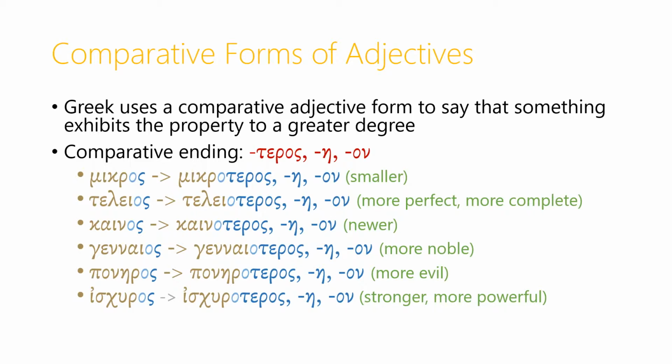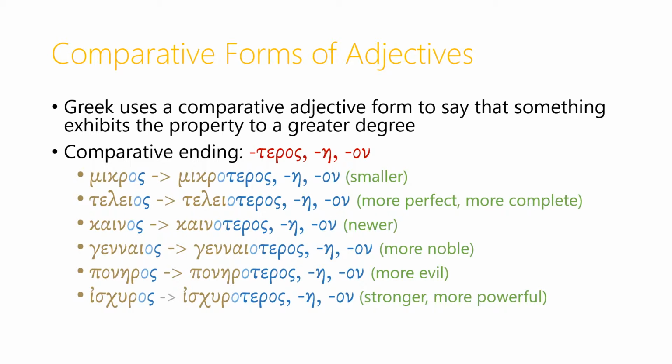In order to form a comparative adjective, you add an ending onto the end of the regular adjective stem, and that ending is teros, tere, teron. So mikros, which means small, becomes mikroteros, which means smaller.